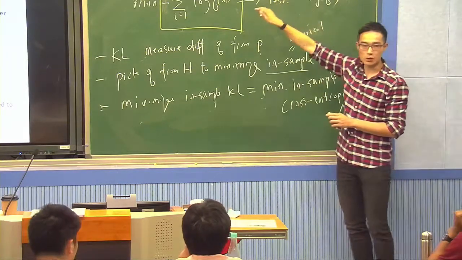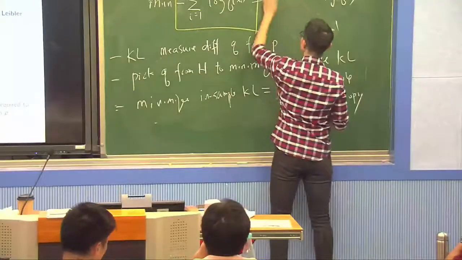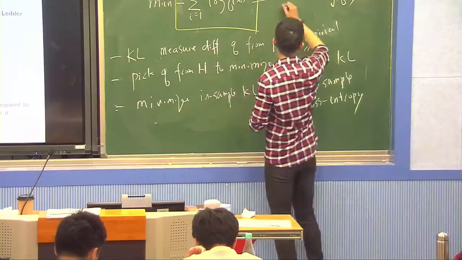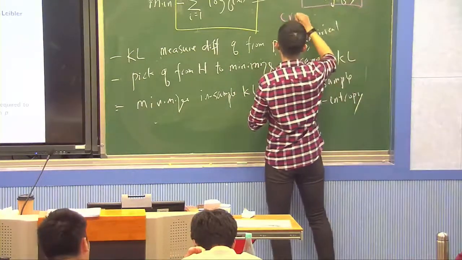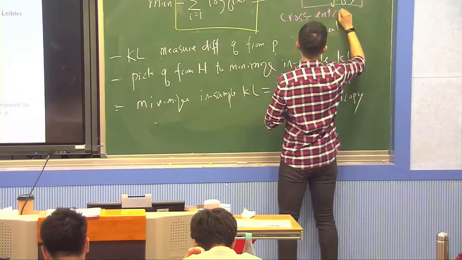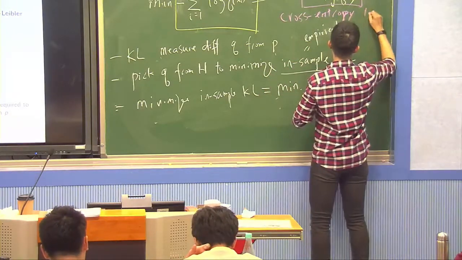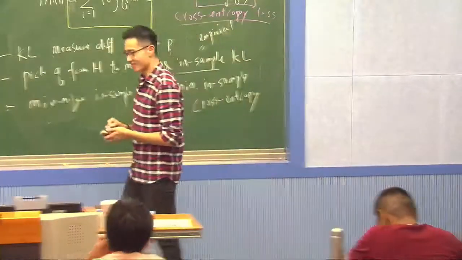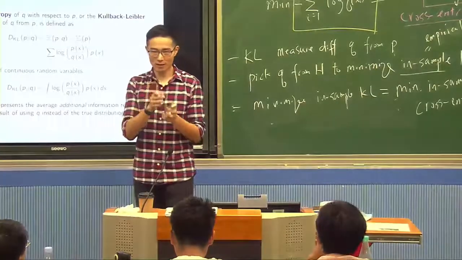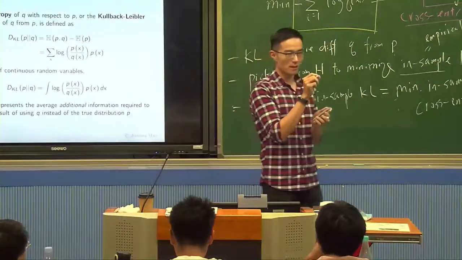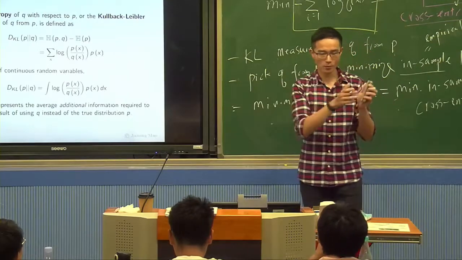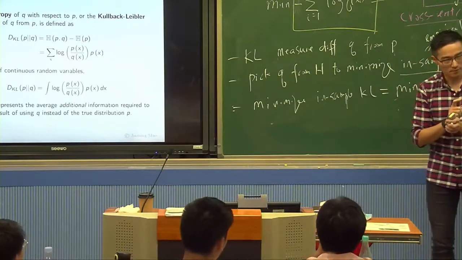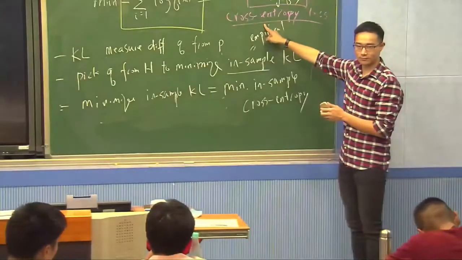And this loss function is also called cross-entropy loss. So we have a special name for it. In other words, when we are trying to pick the best hypothesis distribution to fit a distribution, the loss function we use is cross-entropy loss.